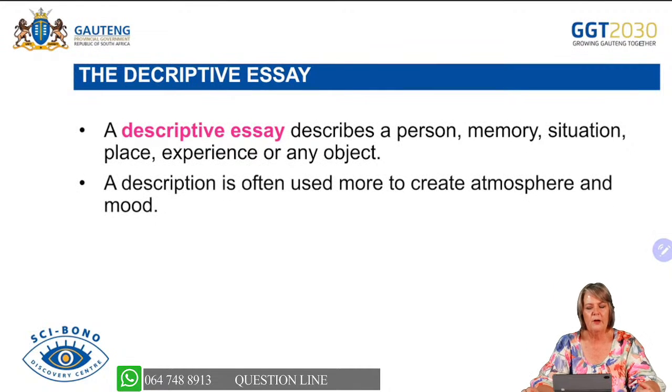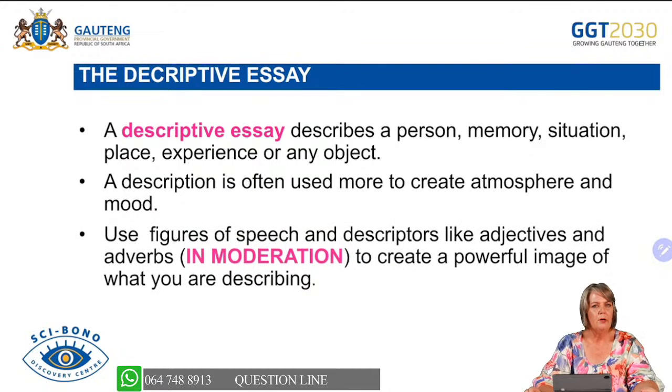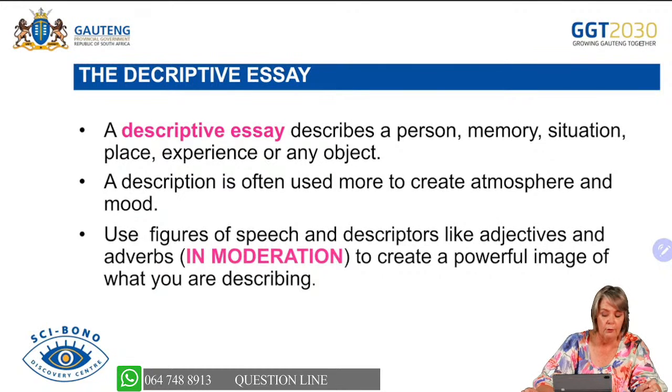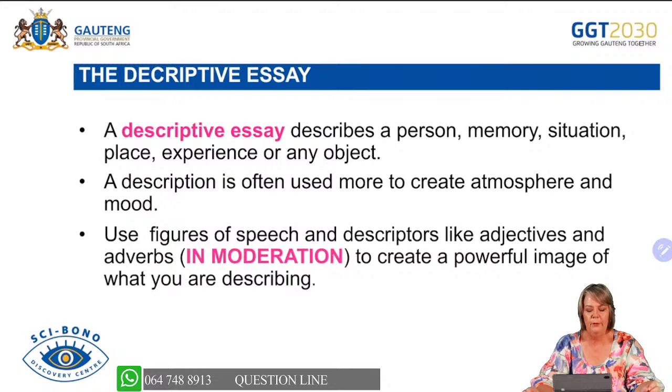A description is often used more to create atmosphere and mood. Do you see how you incorporate the description in a narrative essay, for example? You can use figures of speech and descriptors like adjectives and adverbs, in moderation, of course, to create a powerful image of what you are describing.